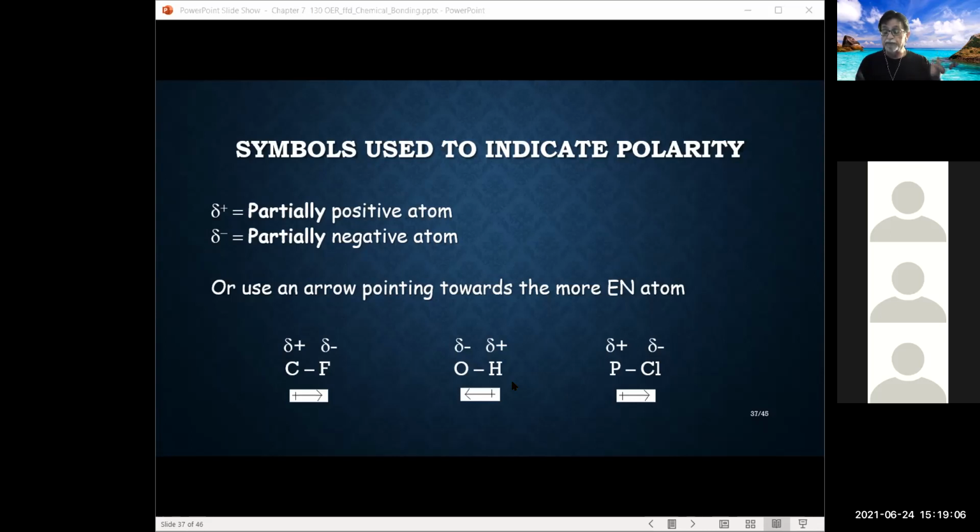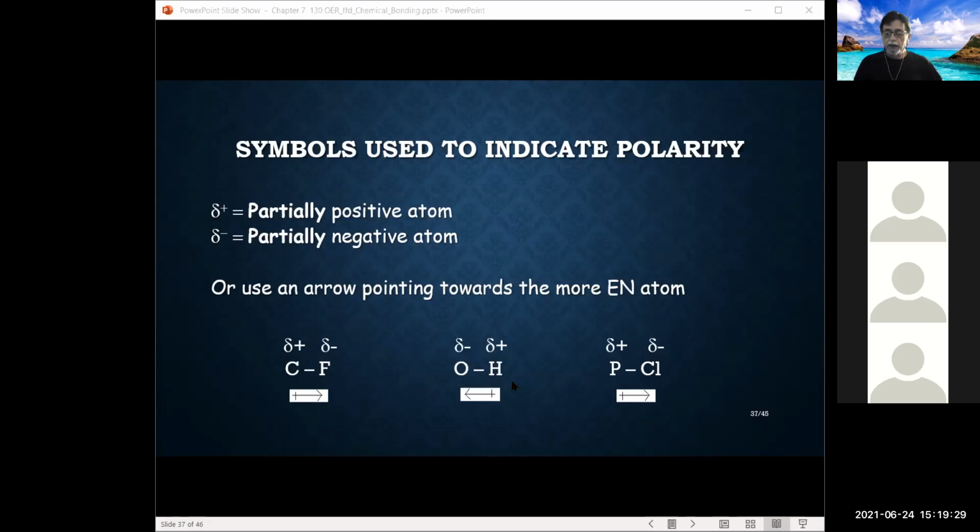So without having to go any further, fluorine in that bond will have the partial negative charge, and the carbon by default has a partial positive. And the arrow will go in the direction toward fluorine, in this case from left to right.